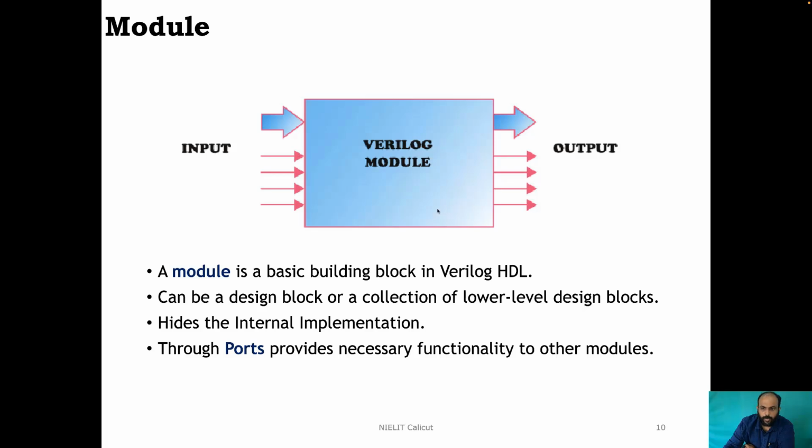So the Verilog module or description actually works like a black box. It hides the internal implementation from the rest of the design or the outside world. So how does a Verilog description, or a module, or a piece of hardware described in Verilog interact with the rest of the world? It happens through something called ports, which are nothing but these input, output, in-out connections.